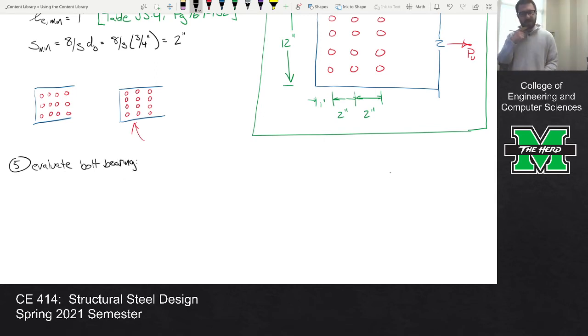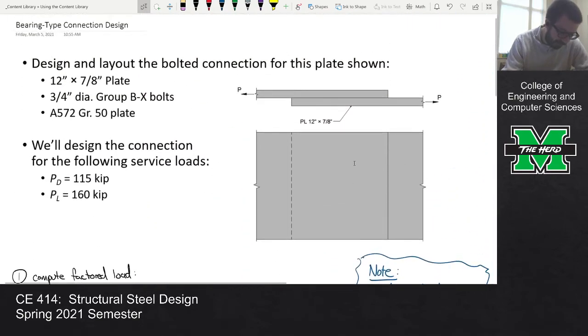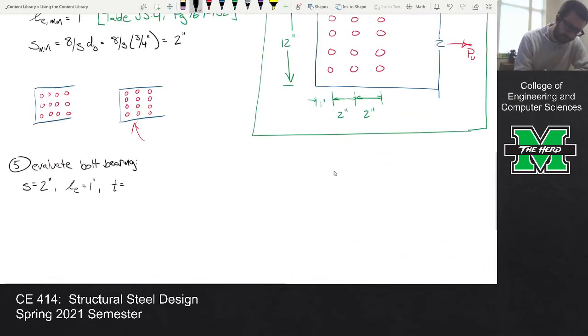All right, so evaluate bolt bearing. In order to do that, we need the thickness, which was given to us as 7/8. We know the bolt diameter, which means that the hole diameter is what?